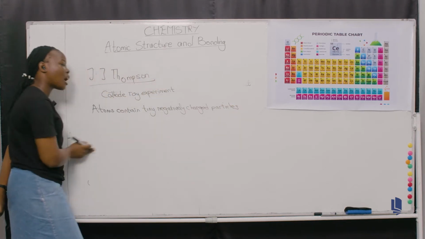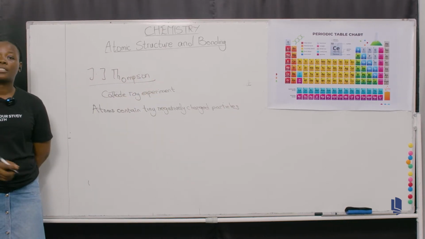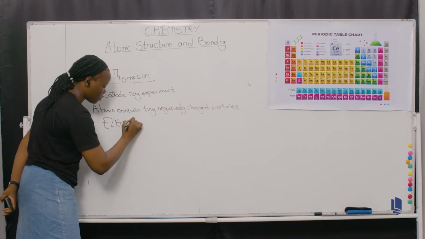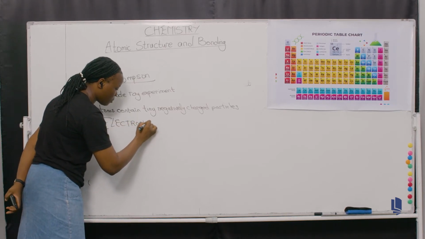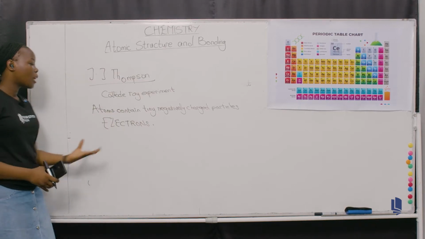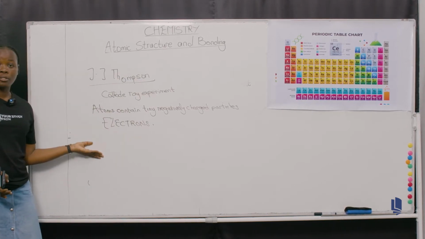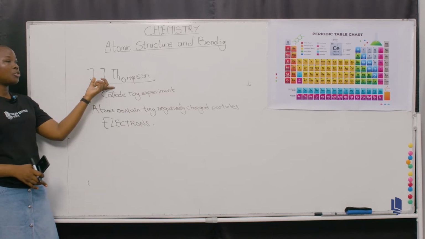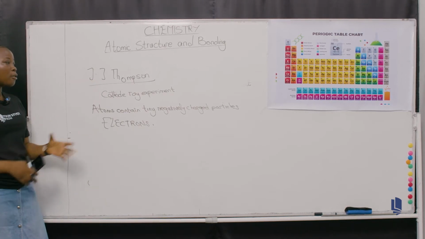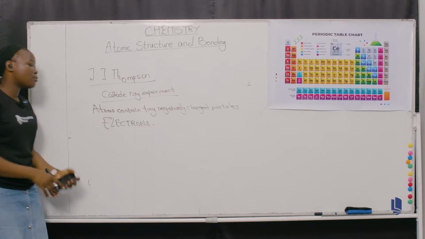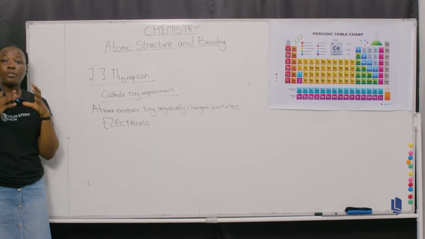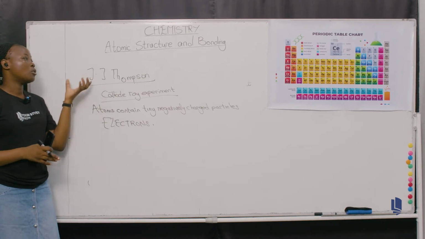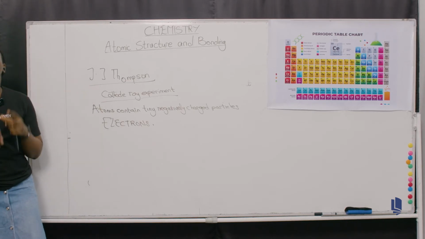And he called those negatively charged particles electrons. So the discovery of electrons is credited to J.J. Thomson because he performed this experiment and came to this conclusion. And he made a model.